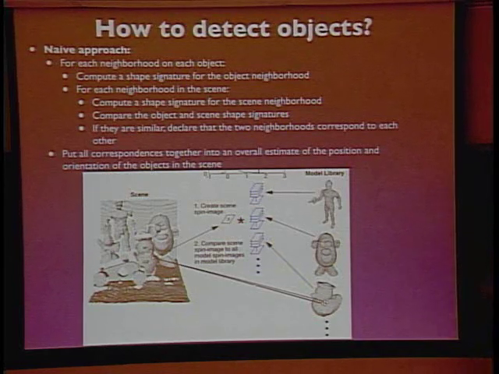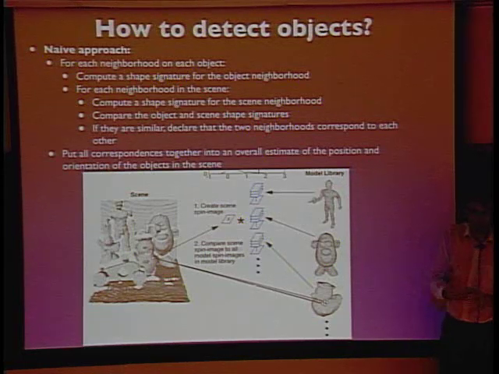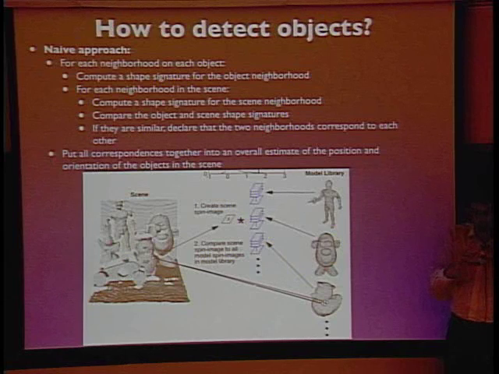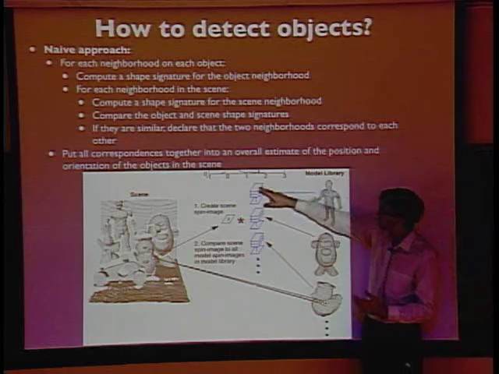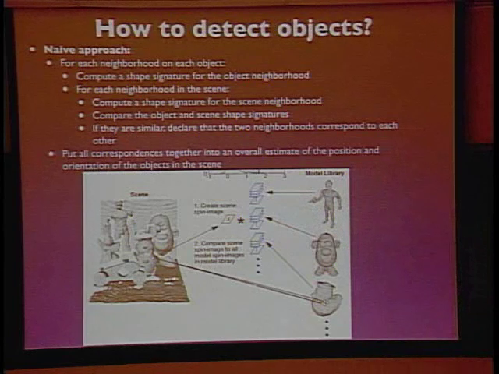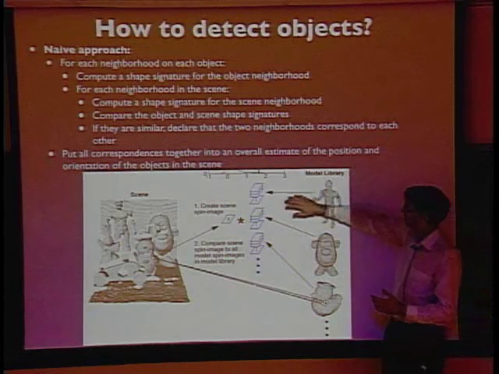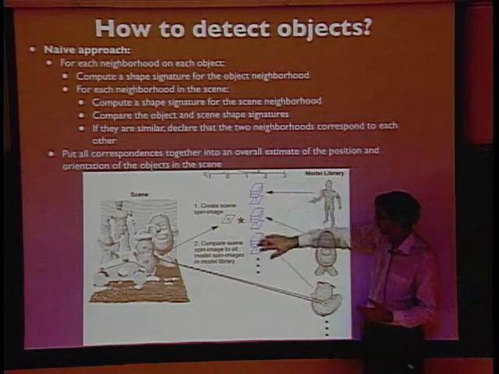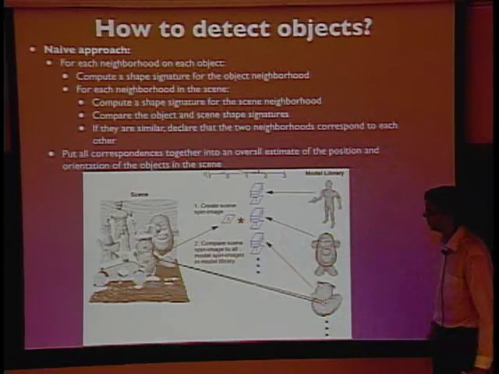For each of your neighborhoods, either each vertex or each neighborhood defined by breaking up the mesh into non-overlapping segments, you're going to compute one of these shape signatures, represented by a little plate, almost like a sheet of paper. That's going to be your local shape representation. So the robot action figure is going to give you some set of these shape representations, and Mr. Potato Head is going to give you another set.